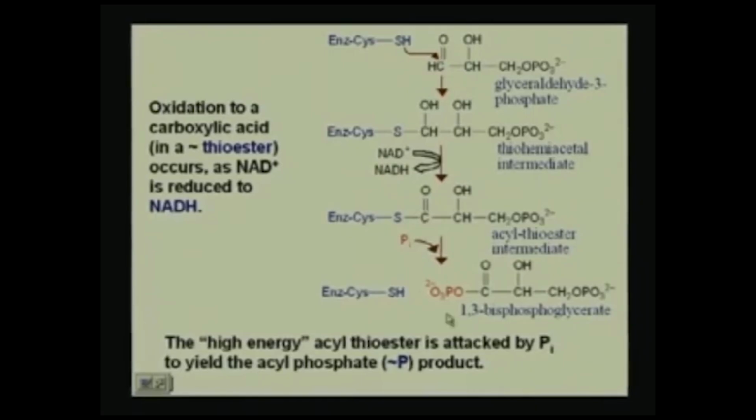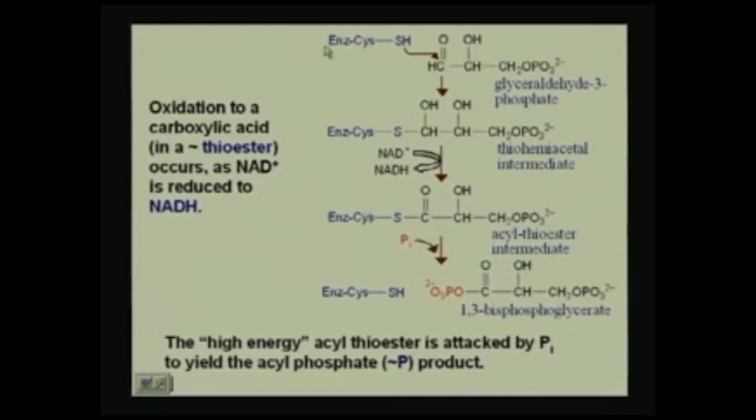So now you have 1,3-bisphosphoglycerate. Is that clear? We have this acyl thioester that is attacked by the Pi, which cleaves the substrate, or rather in this case the product, and regenerates the enzyme.